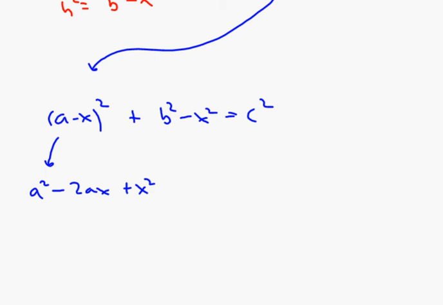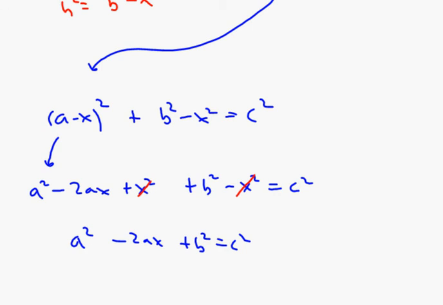All right, so what do we have? Plus b squared minus x squared equals c squared. And oh, wow, I see something. Look at this. These are gone. All right, so far, so good. We have a squared minus 2ax plus b squared equals c squared.